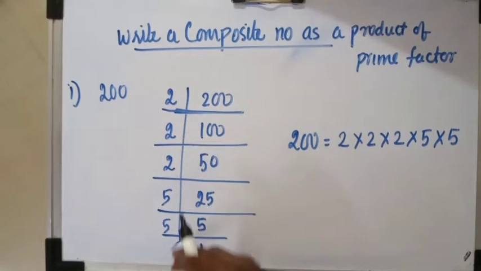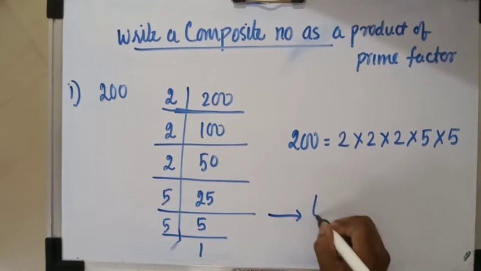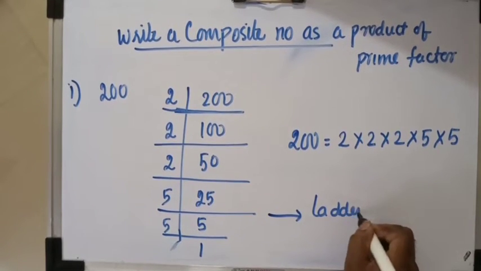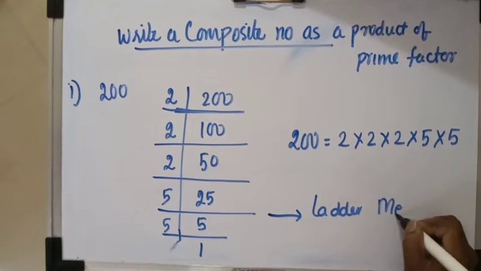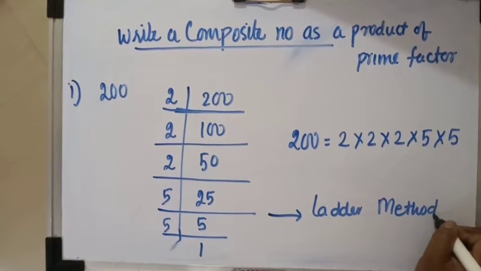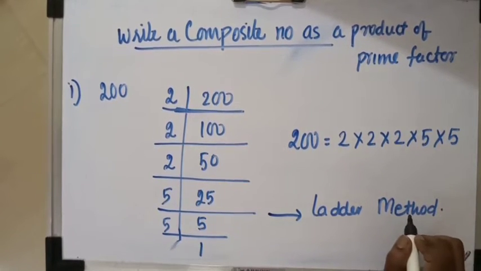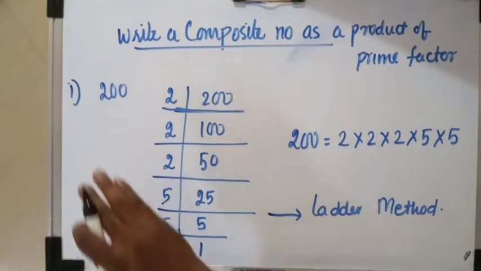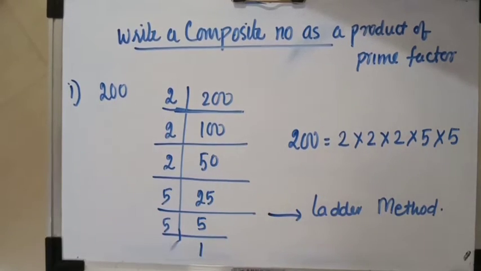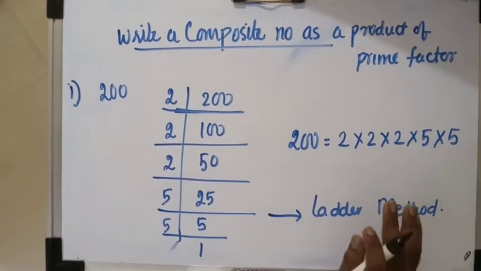So this method is called the ladder method. What is it called? It is called which method? It is called the ladder method. Okay children, and to divide a composite number, you should always use what? You should always use a prime number.